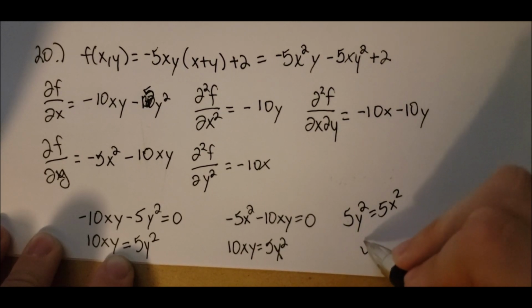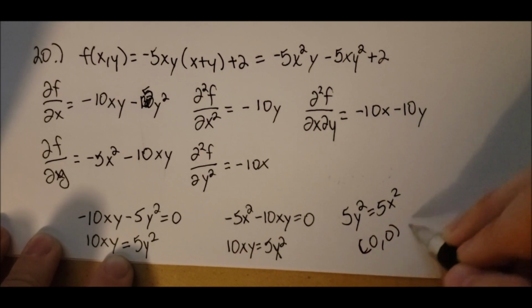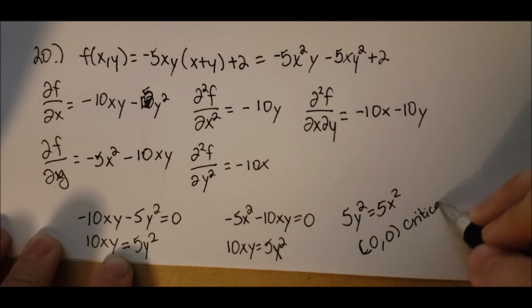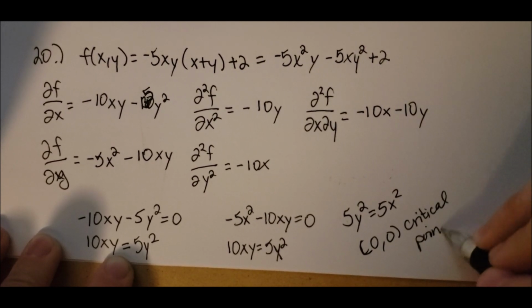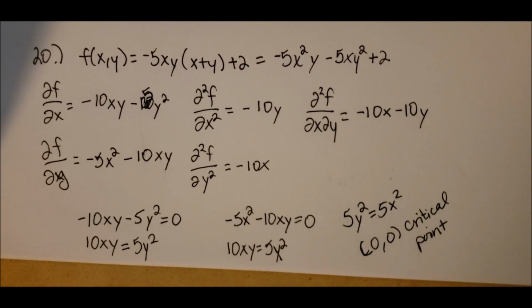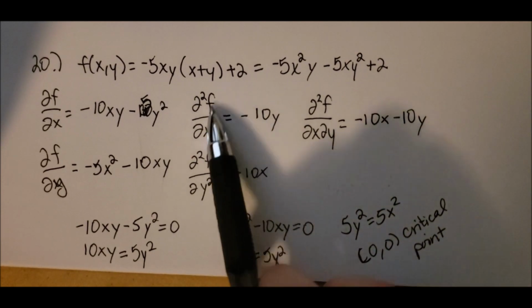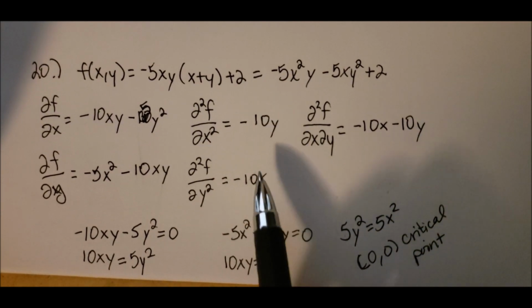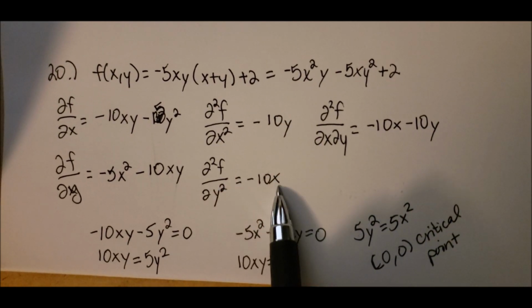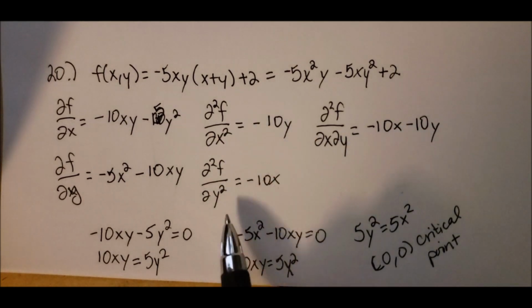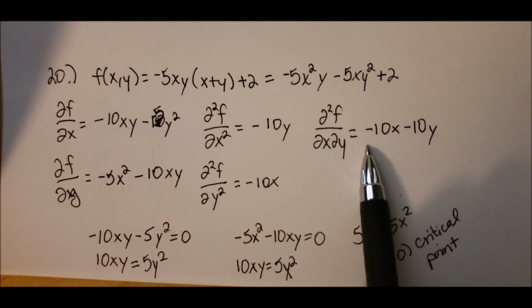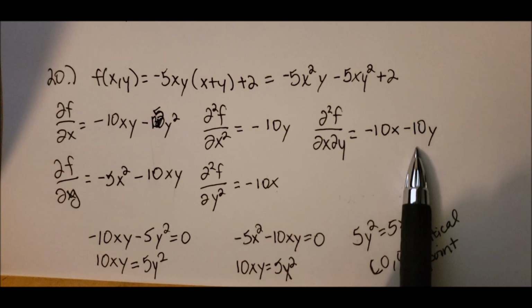So my critical point is at 0, 0. And if I put in 0, 0 in the second derivative, I'm going to have that the second derivative is 0 in both directions, and the mixed partial is 0.